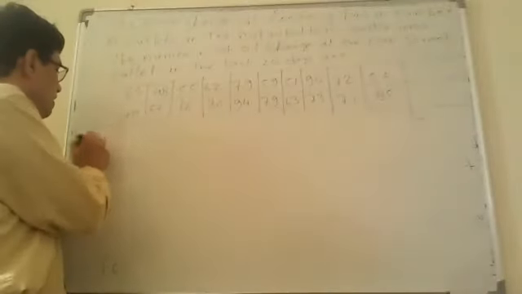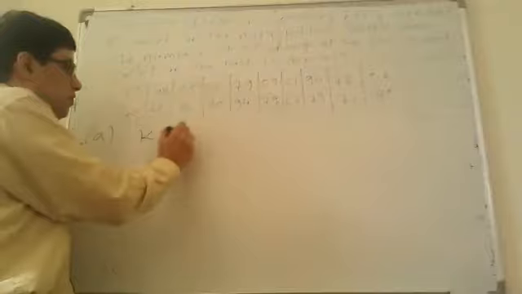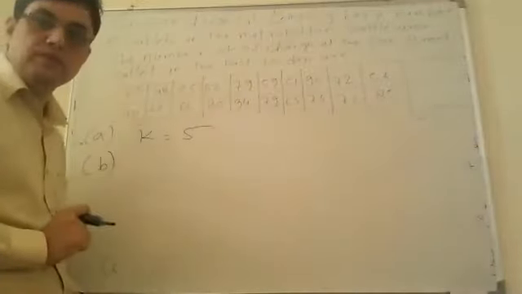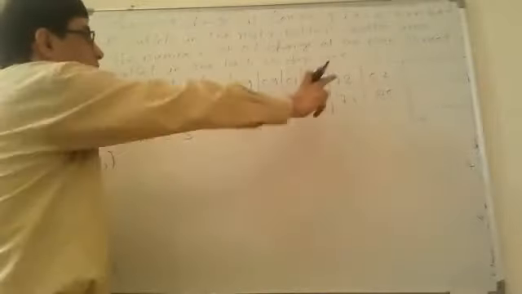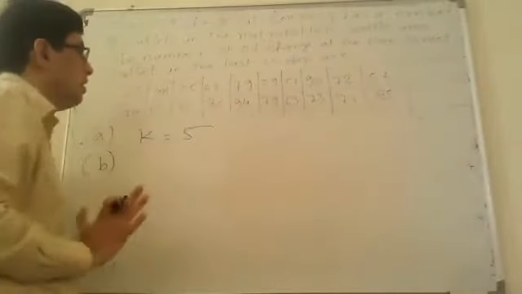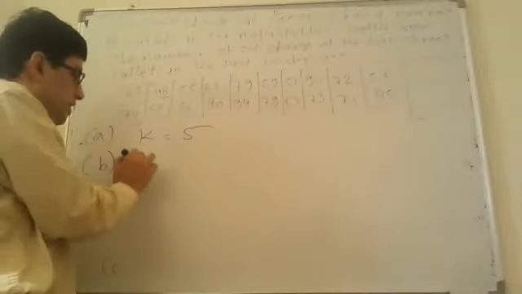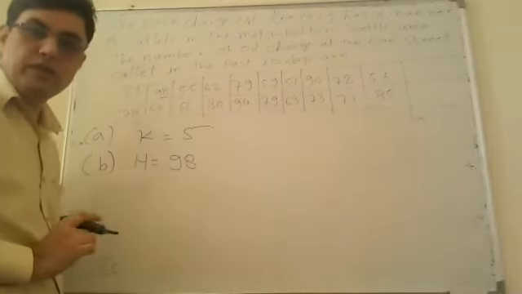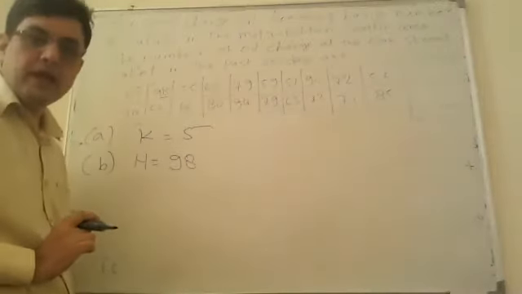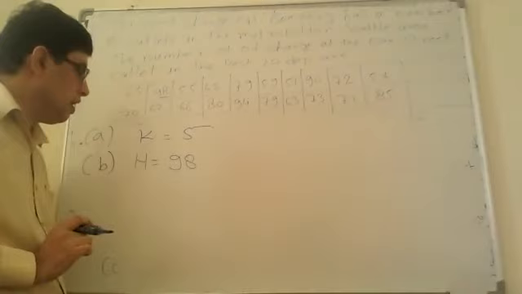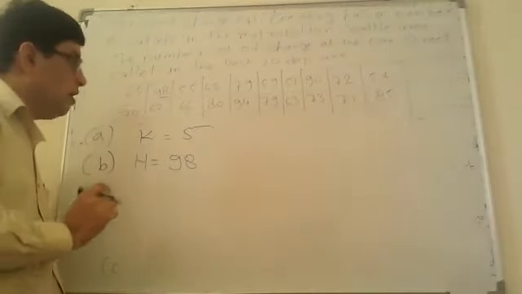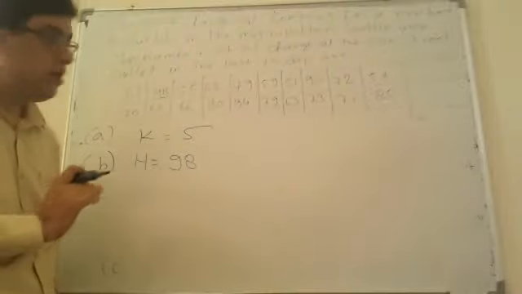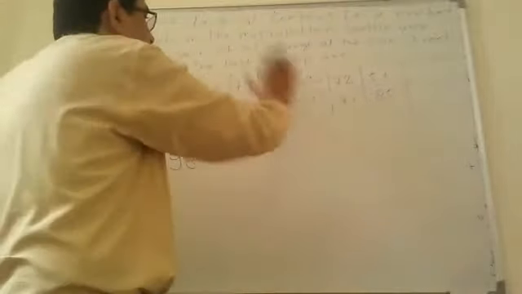So we already decided k is equal to 5 for part B. Highest value: check. The highest value is 98. Lowest value: what is the lowest value? This is the lowest value.